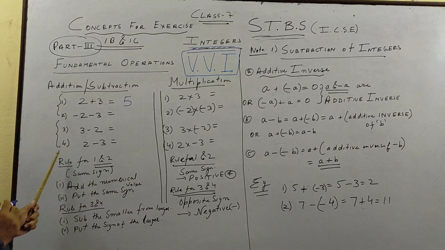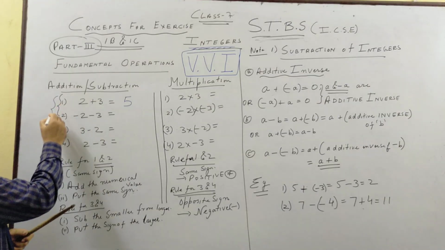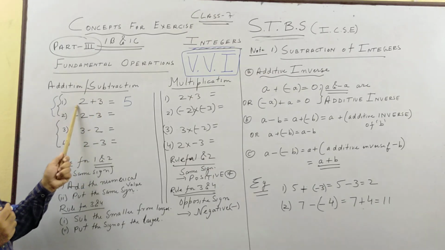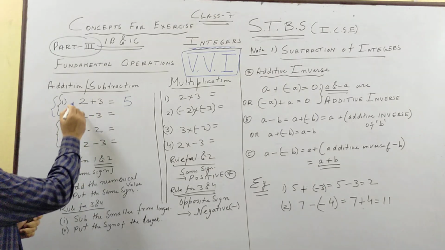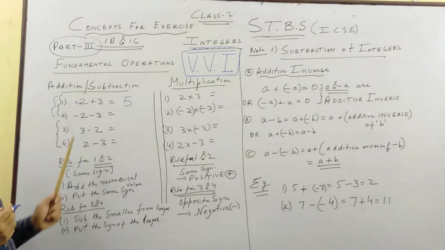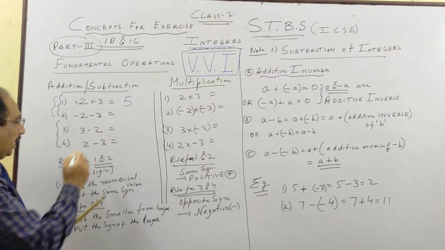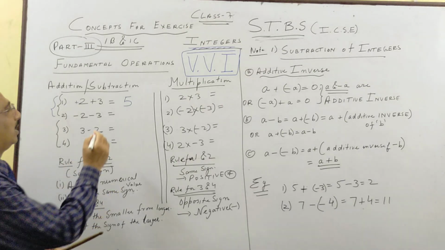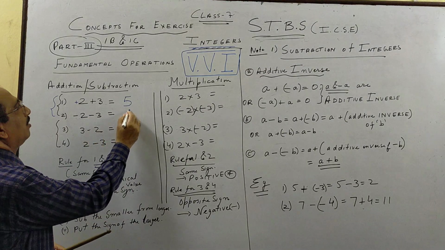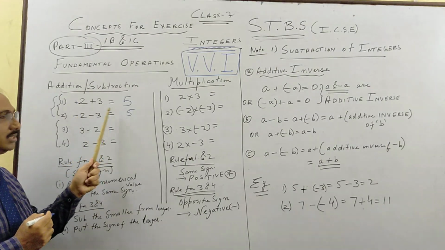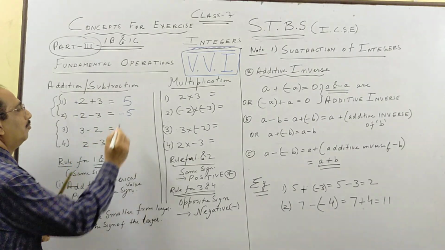Now see, 1 and 2 I have grouped together. They have same sign, both have plus. If nothing is there, children, means plus is hidden here. If both have minus, same sign, you simply add the numerical value. 2 plus 3, 5. Put the same sign, plus is there, put plus, minus is there, put minus.